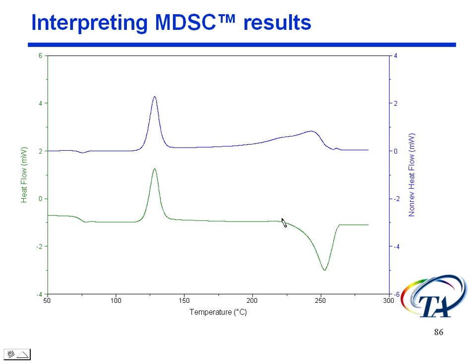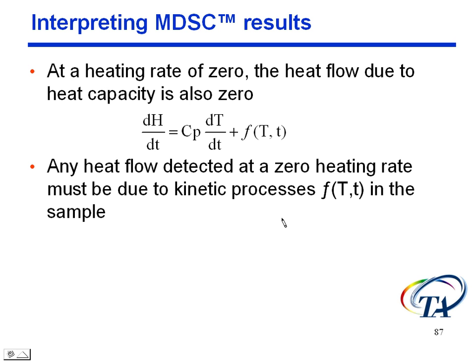Now, one thing about the non-reversing curve. Remember, this was heat iso conditions. At a heating rate of 0, the heat flow due to heat capacity is also going to be 0, right? That makes sense here, because if this number goes to 0, this is going to go to 0. 0 times anything is 0, right?